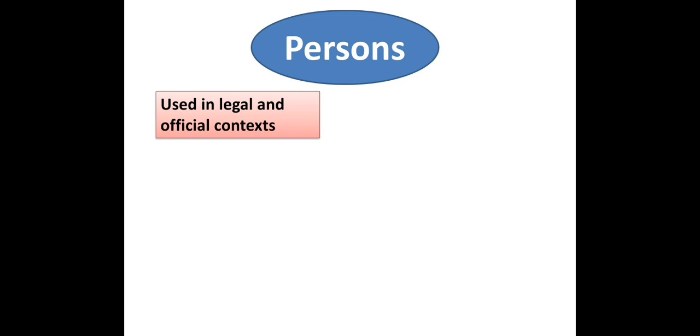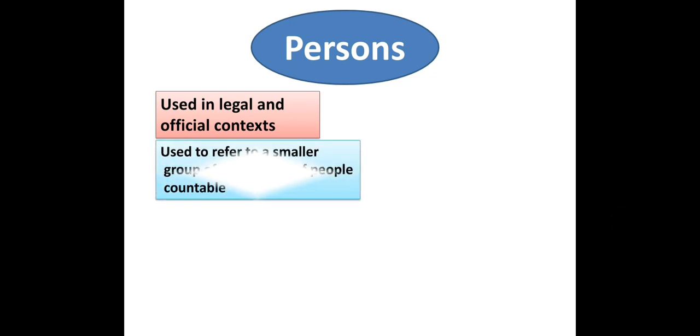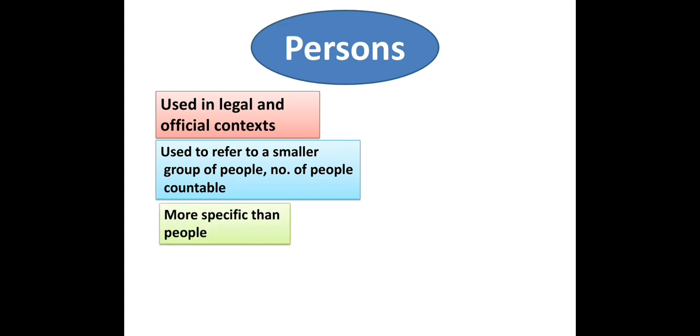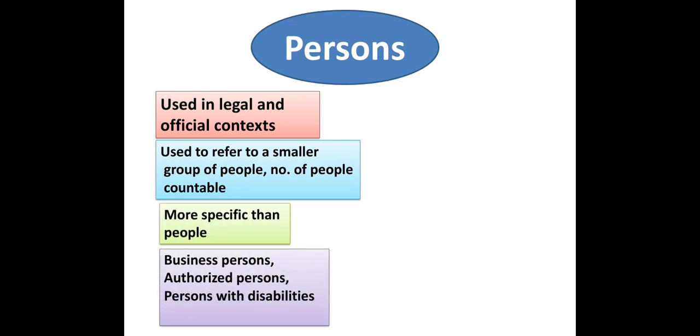And persons is used in legal and official contexts, including law enforcement or public notices, etc. It is used to refer to a smaller group of people where the number of people is countable. It is more specific than people, like business persons, authorized persons, persons with disabilities.